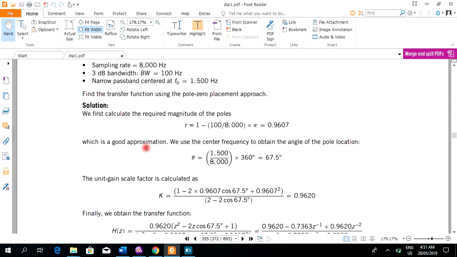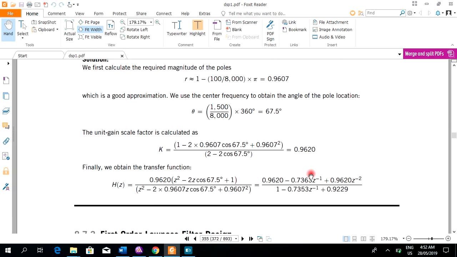We have to find the transfer function. First of all, R will be calculated the same as in the previous case. The formula to calculate theta will also be the same.